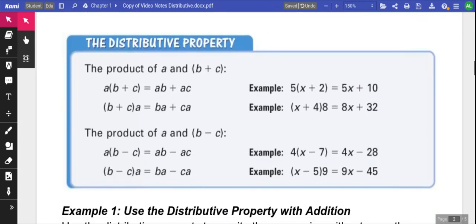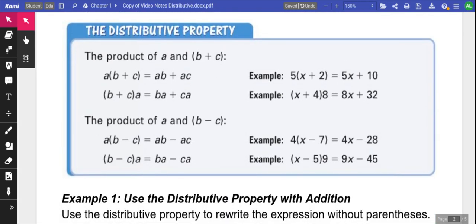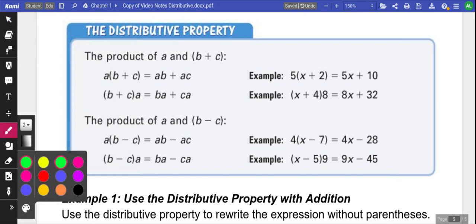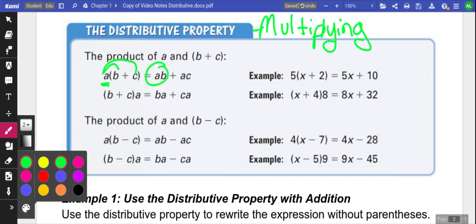So we have some variable, some number, something outside of our parentheses. And when we're distributing, remember we're always multiplying. So we're going to end up multiplying the A with the B and the A with the C. So A times B and A times C. What this is going to look like is something like this.